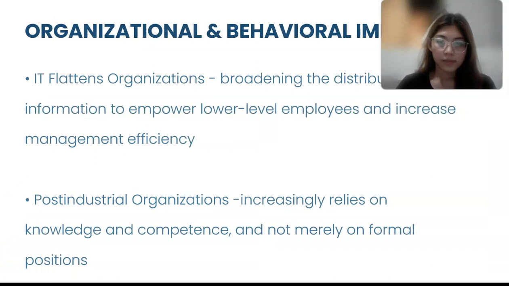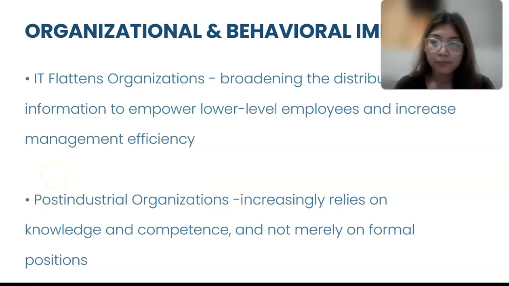Next, let's proceed to how information technology impacts the organization and its behavior. IT flattens organizations, broadening the distribution of information to empower lower level employees and increase management efficiency.